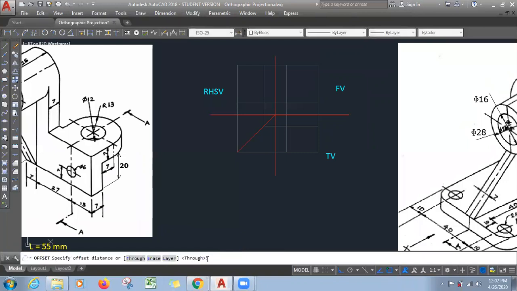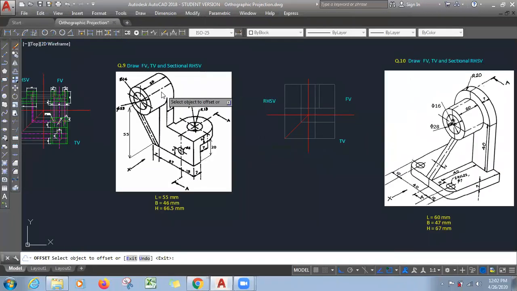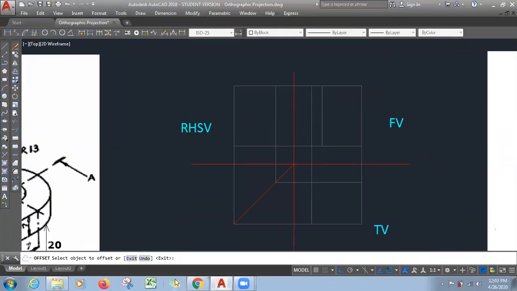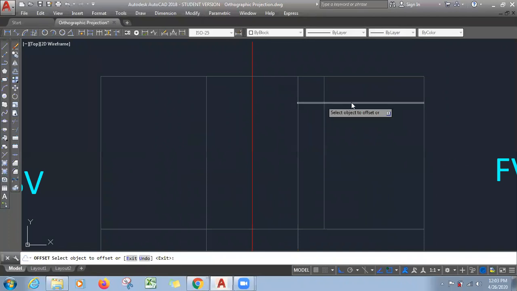Offset distance is 11.5, enter, this line on this side. In a similar way, from the top face it is again 11.5, so repeat offset. Distance is 11.5 only, this line on this side. So here we have the center of the circle.